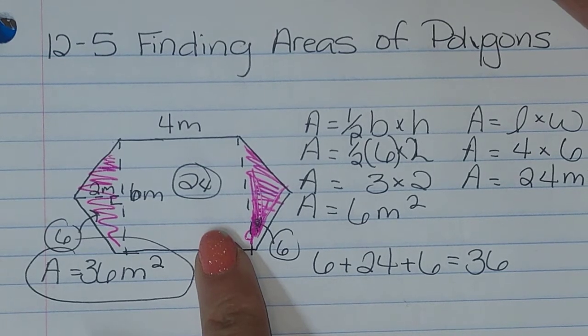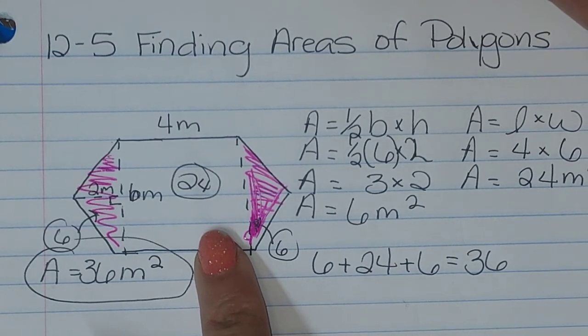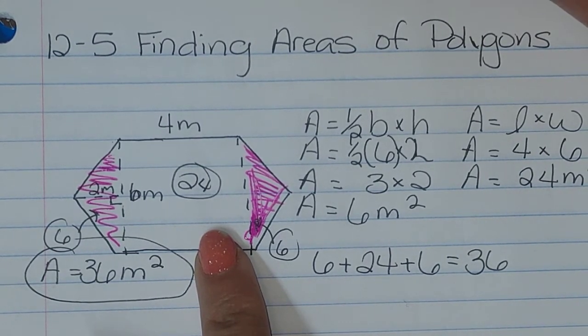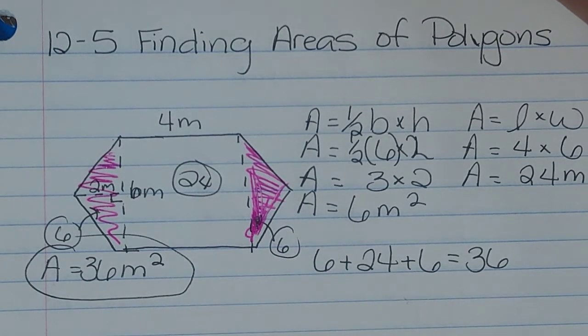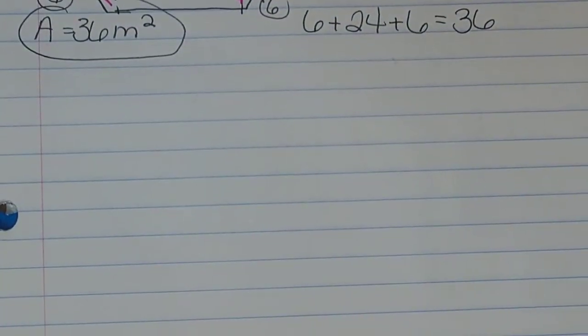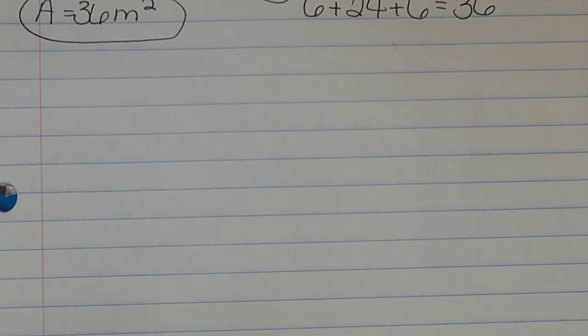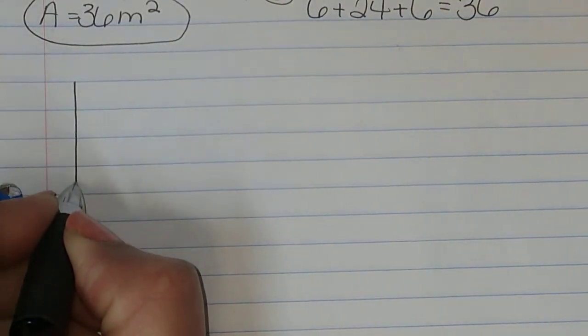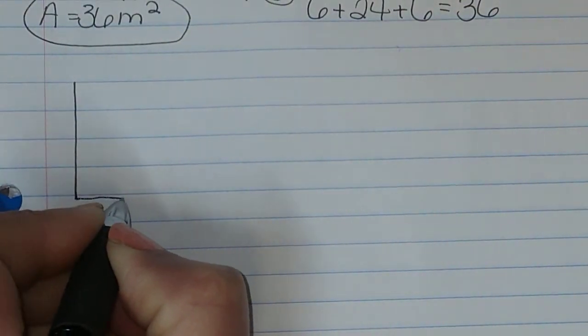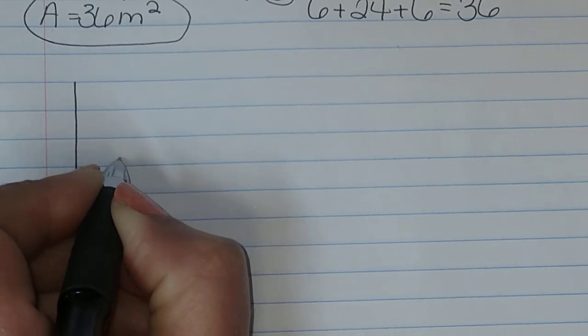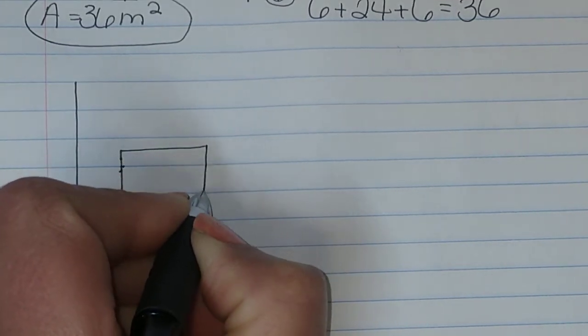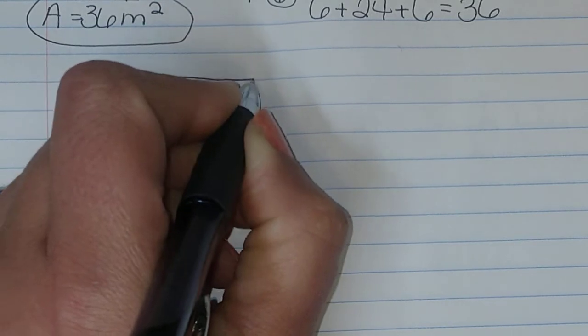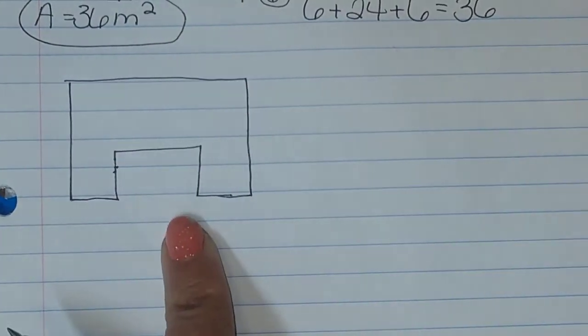But let's say it's not a shape that we're familiar with, such as a hexagon. Let's say we had a shape that looked a little bit more like a room would look, with some cutouts and lines that don't exactly go where we want them to.